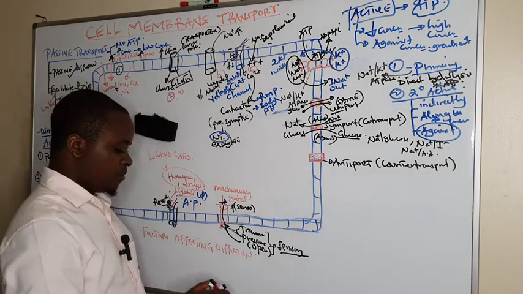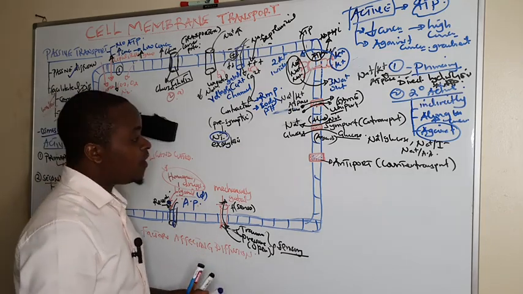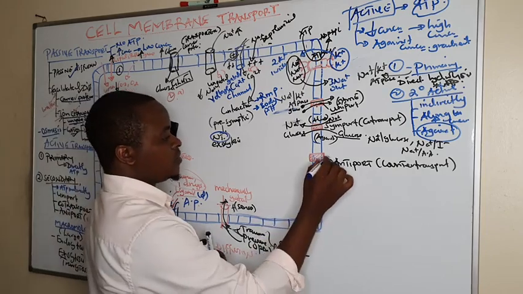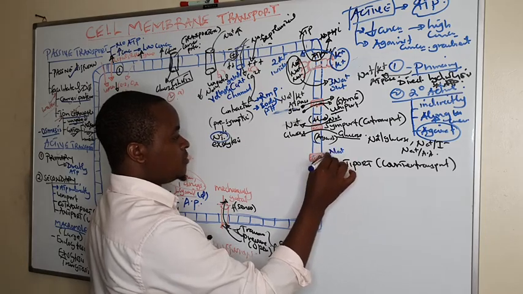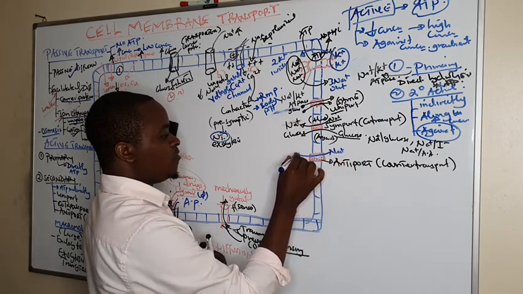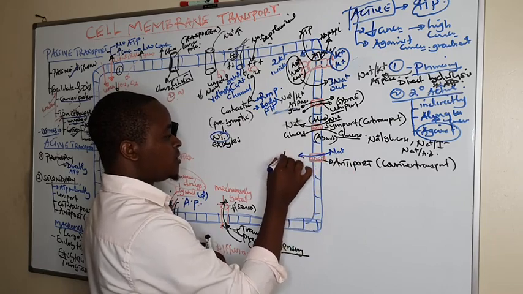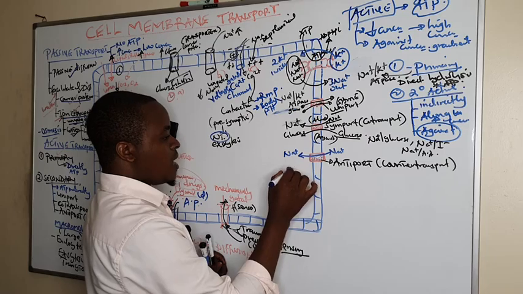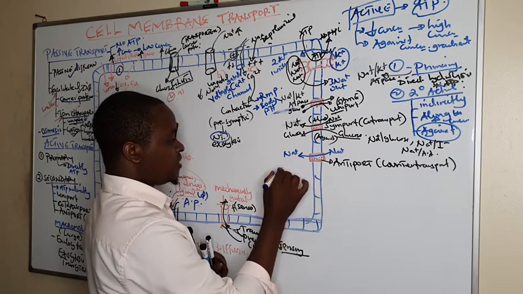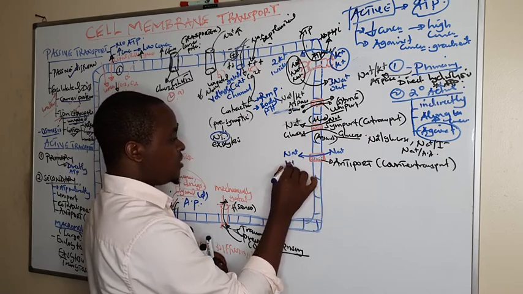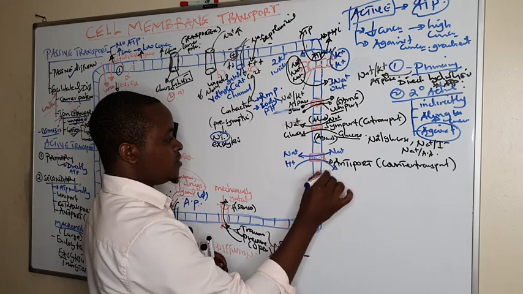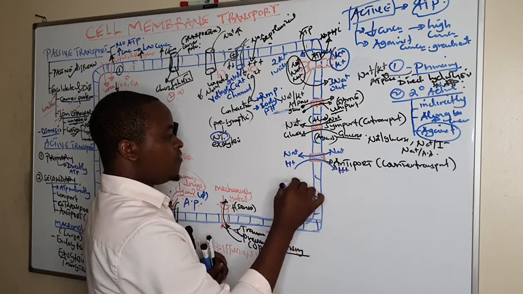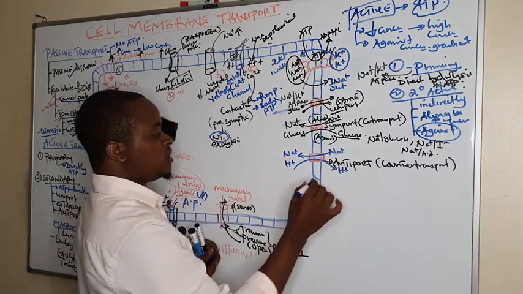For example, if we have a substance like sodium, and it is being moved by this carrier protein inside the cell, another substance which is different, like hydrogen ion, is pumped out via this carrier protein. So they are moving in the opposite direction.